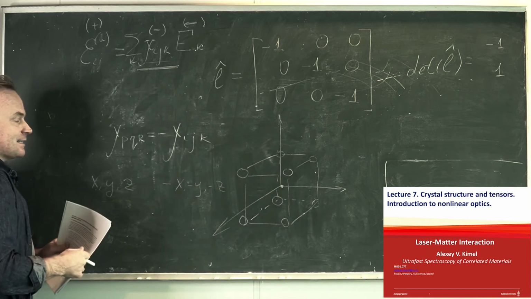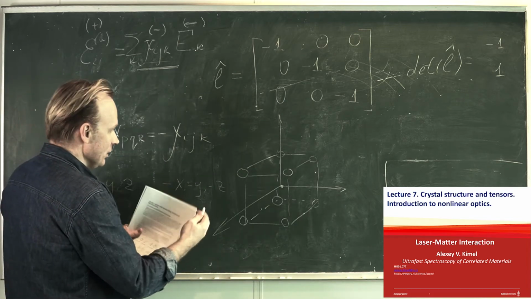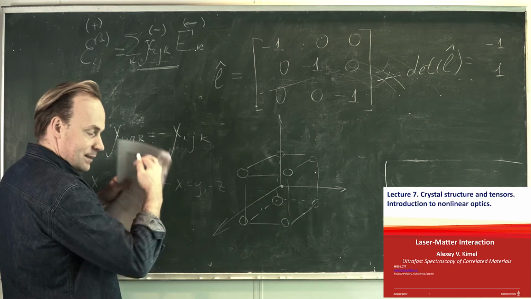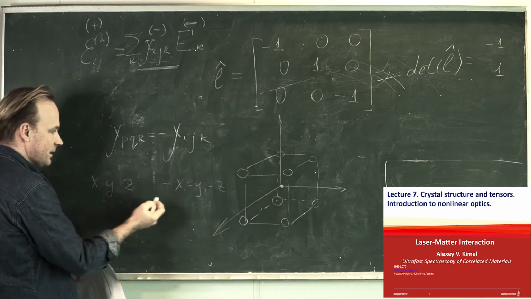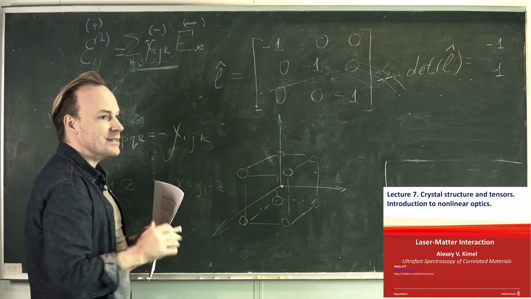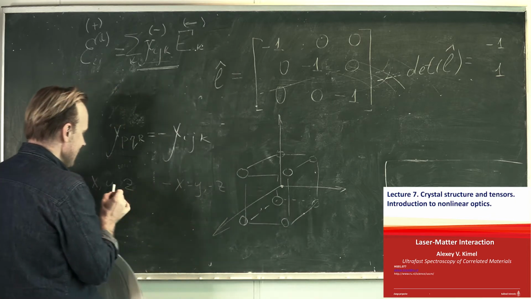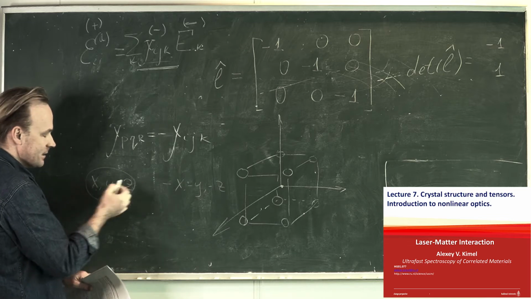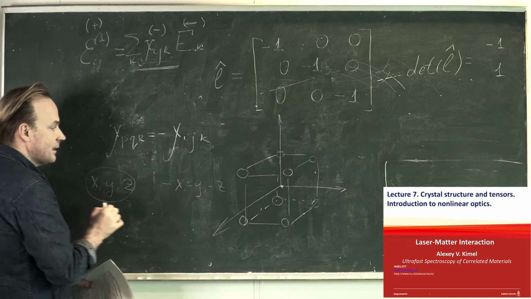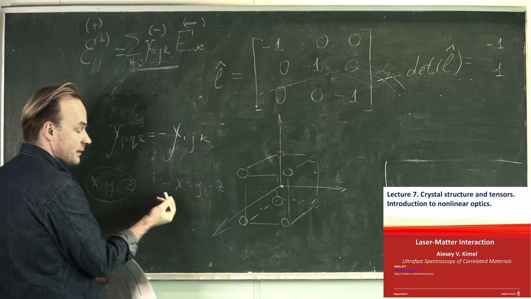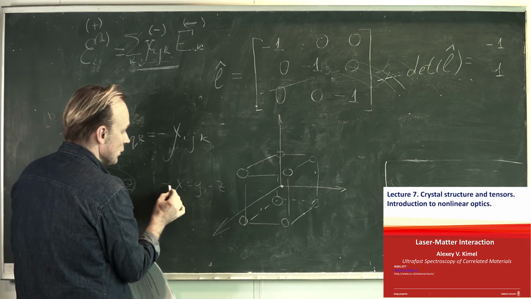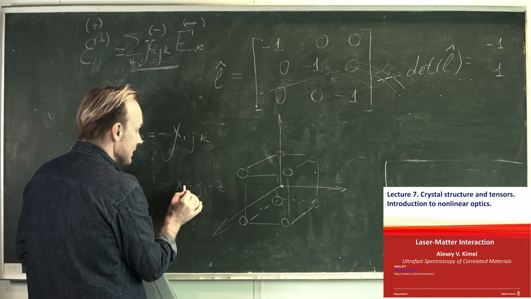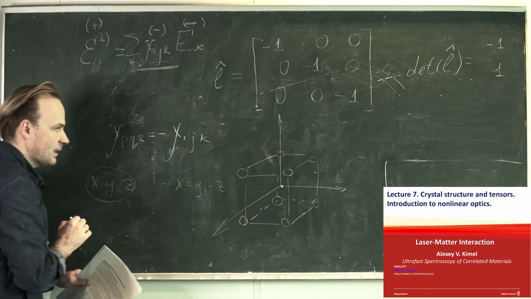In this case, we will call such a crystal or medium with this property in general a centrosymmetric medium. So basically, everything we find with coordinates x, y, z in this crystal can be also found, the very same feature will be also found, but with coordinates minus x, minus y, minus z.